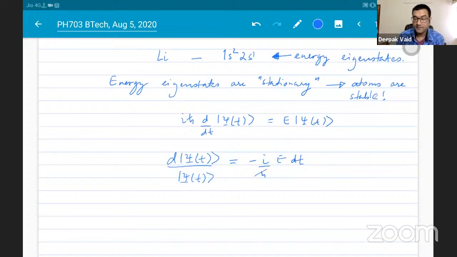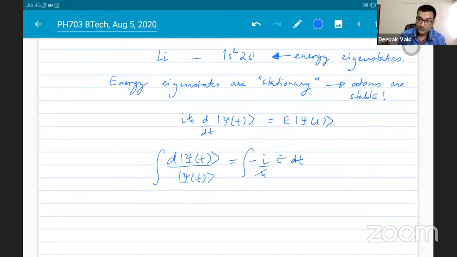This might make you uncomfortable because psi is a vector, so how do I divide by a vector? But one can show that it's completely okay to do this after the fact.